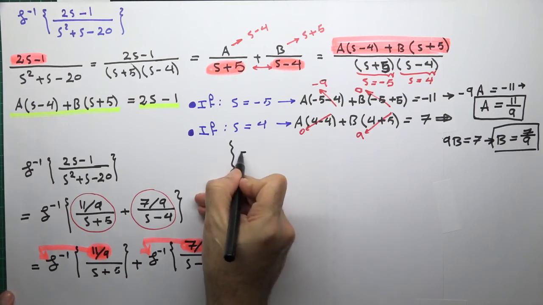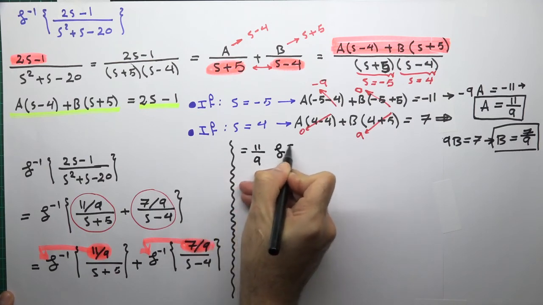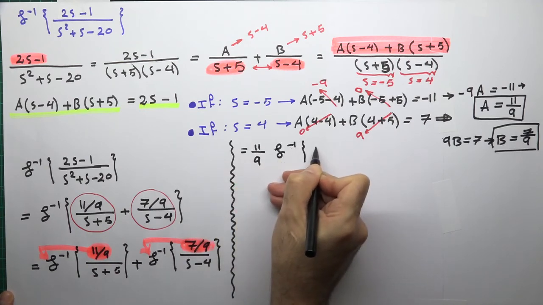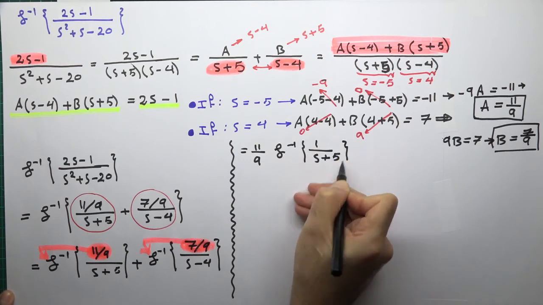So it will be here 11 over 9, then inverse Laplace of 1 over s plus 5, and here plus 7 over 9, then inverse of 1 over s minus 4.